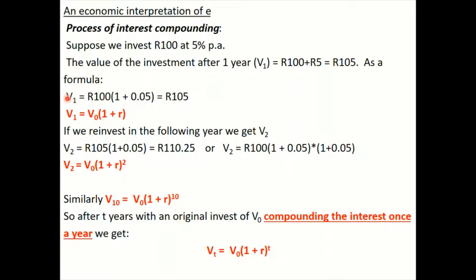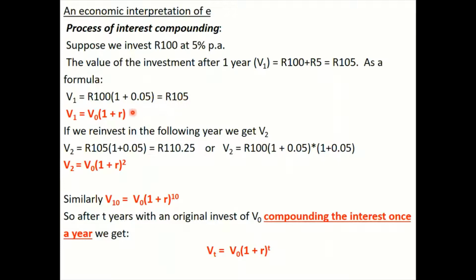So our formula for calculating that 105 would be as follows. The value of the investment after 1 year would be equal to the value of the initial investment at the beginning of the period, multiplied by 1 plus 0.05, which would give us 105 Rand.